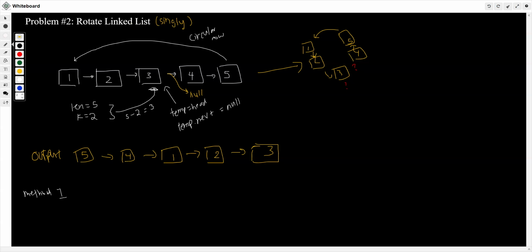So it sort of becomes like this, like a mental imagery of going around and around. So we're making a circularly linked list, and that's really cool, because as long as K is valid, you could just go through and break it off.